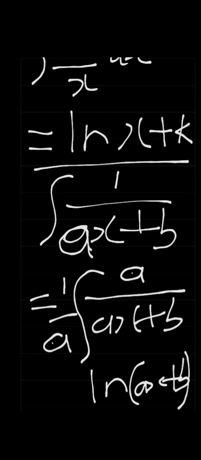So we don't omit that one, we just write 1 over a. So this is our answer for integrating any linear function of the form ax plus b in an inverse, that is 1 over ax plus b. Okay, so for that one we are done.